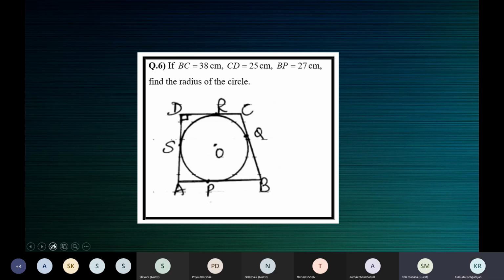So here what you have to do is join OS and OR and prove that OSDR is a square. There's a right angle given here.